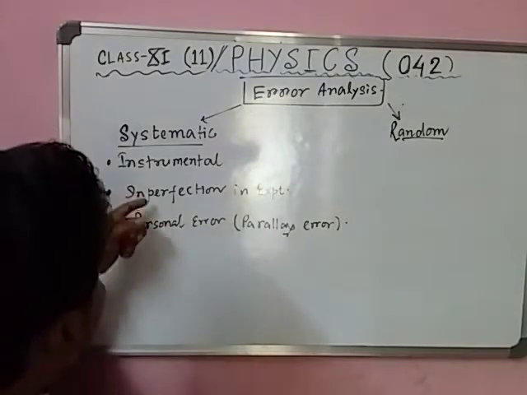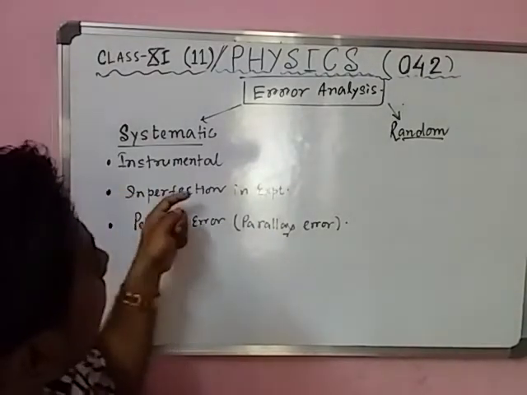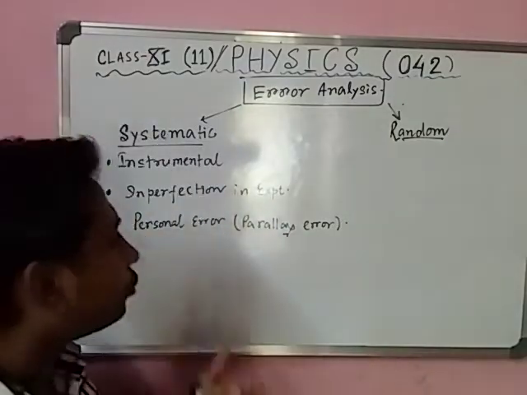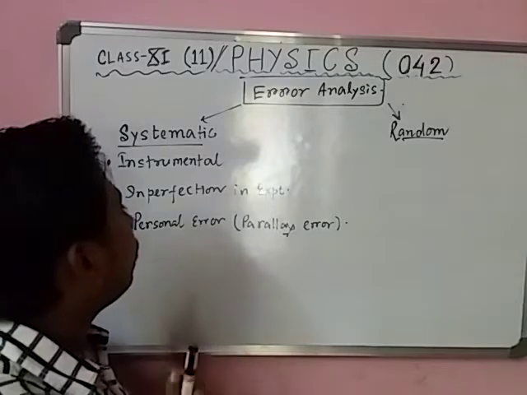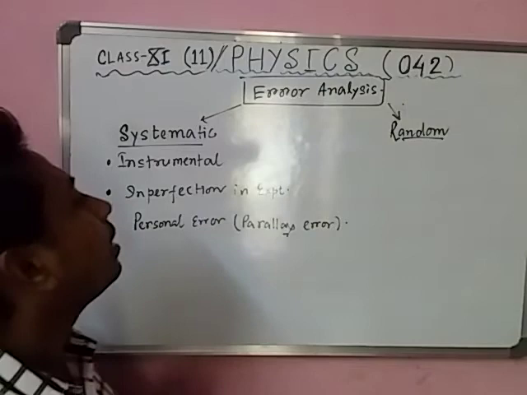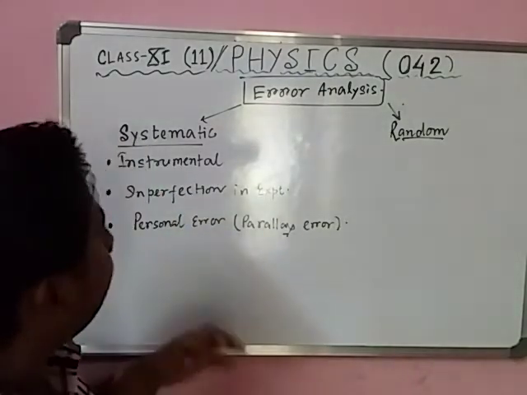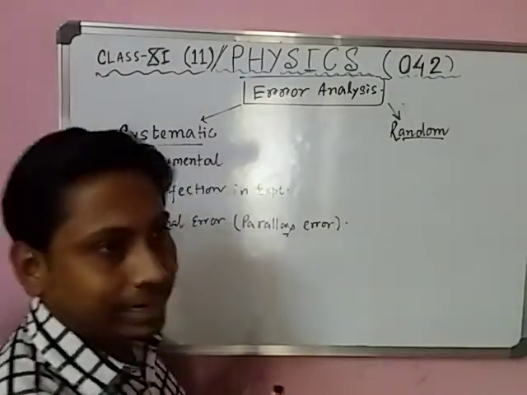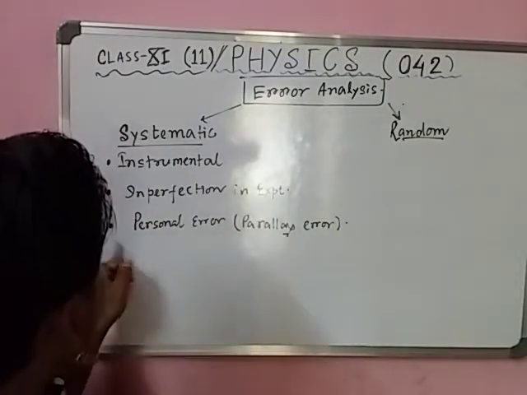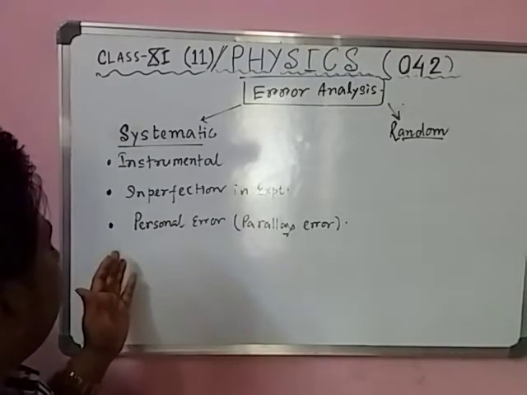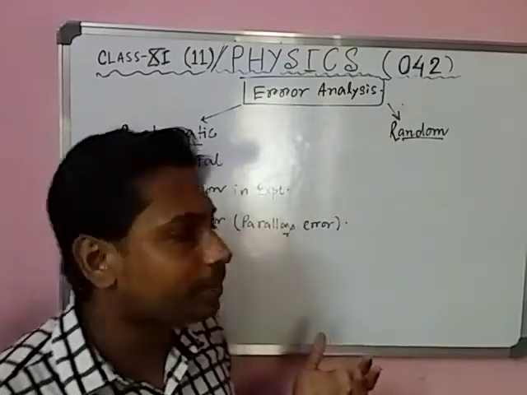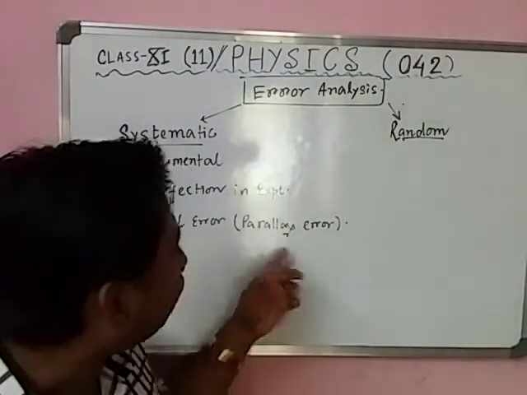The next error inside systematic error is imperfection in experiment. Imperfection means the technique or procedure you approach is not up to the mark or not perfect. This is number two. But you can use a proper technique so that you can remove this type of error. Next, personal error. Personal error means the carelessness of the observer, like parallax error.